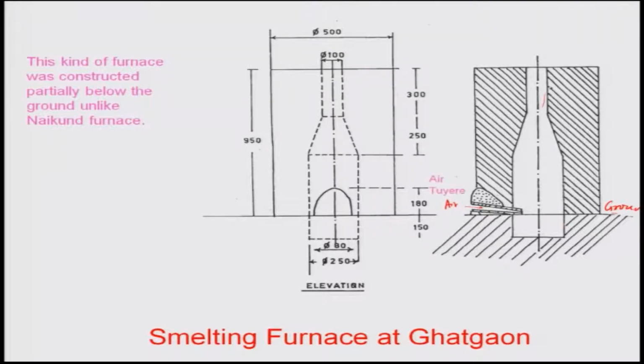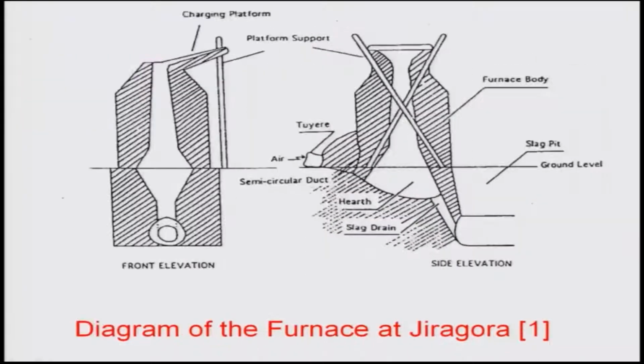As I told, this is the air tire or air pipe through which air will get into this furnace for combustion to occur, so that reduction of the iron will take place.